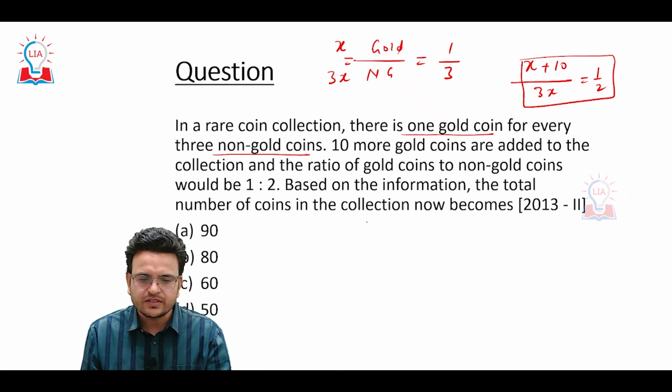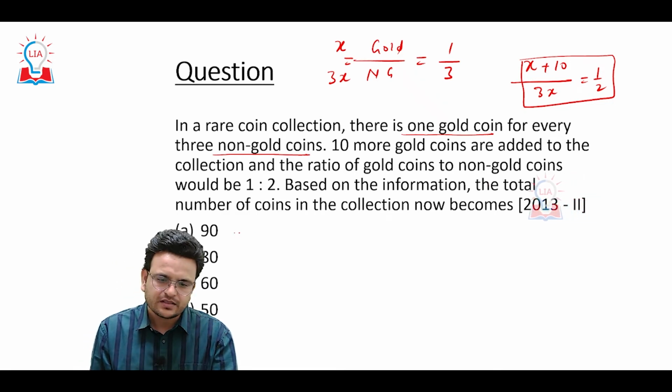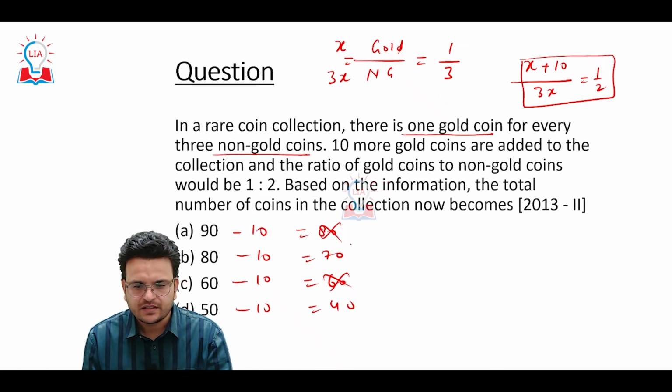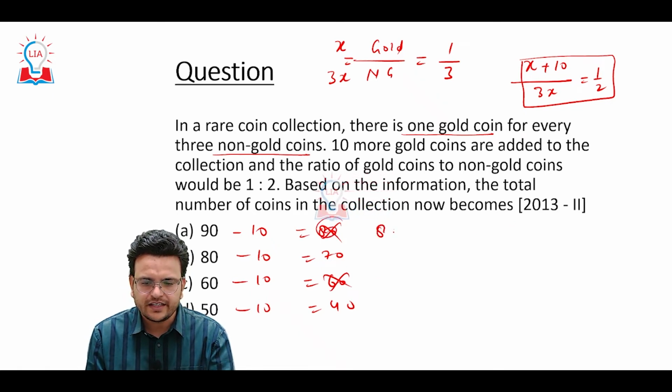Based on the information, what is the total number of coins in the collection now? Just subtract 10. It becomes 80, 70, 60, 40. Two answers we can easily eliminate. 80 can be the answer, 70 we can eliminate, and 50 we can easily eliminate. So the answer can be 80 or 40.